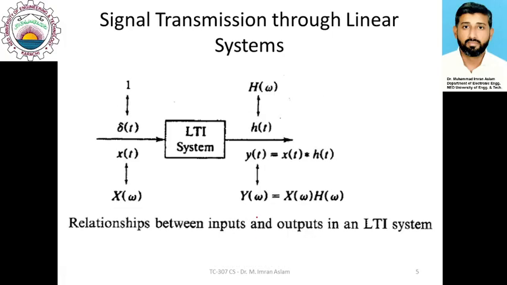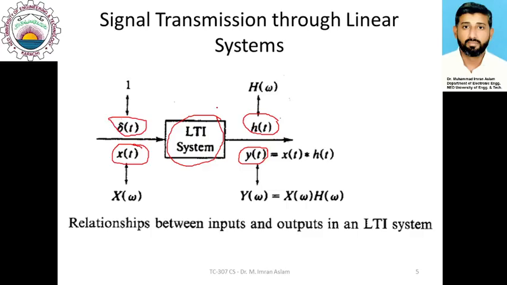So this is a graphical illustration of the system. We have an LTI system. At the input side, if you apply a function x(t), you will get an output y(t). As I mentioned, the impulse response is what we get when the input applied is delta(t), the impulse function.